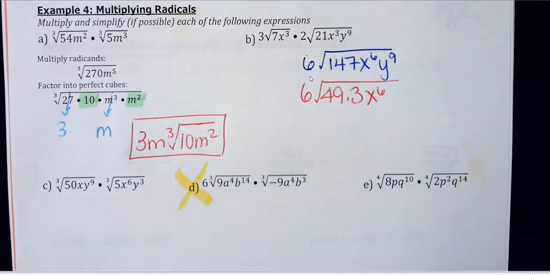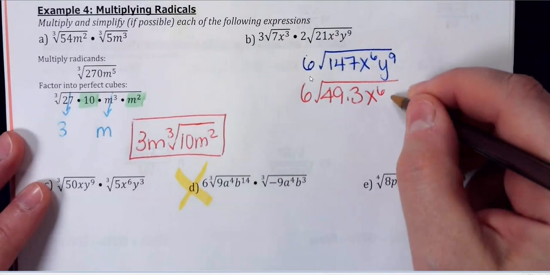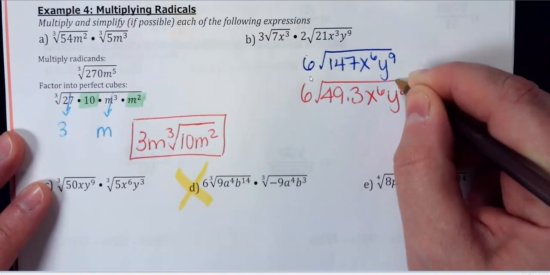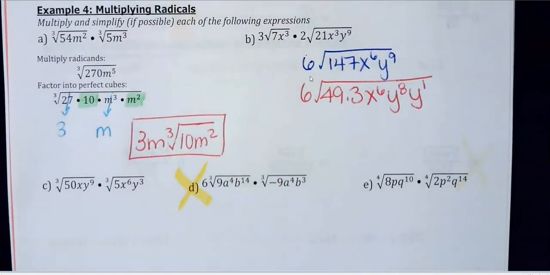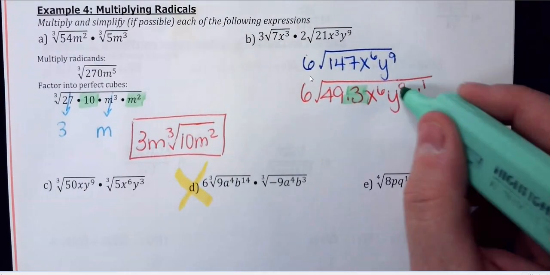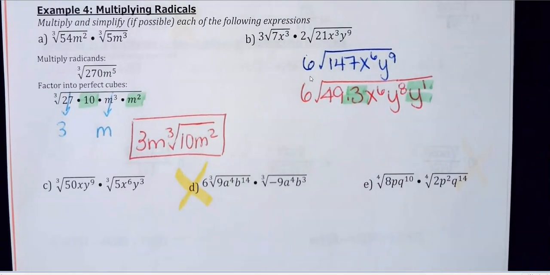So out of 9, the biggest number 2 would go into would be 8. So I would rewrite this as y to the 8th times y to the 1st, or just y. I'm just writing that exponent so you can see if I put that back together, I'd get y to the 9th. Okay, not perfect squares here. The 3 is going to stay, and the y is going to stay. Everything else we can take the square root of.